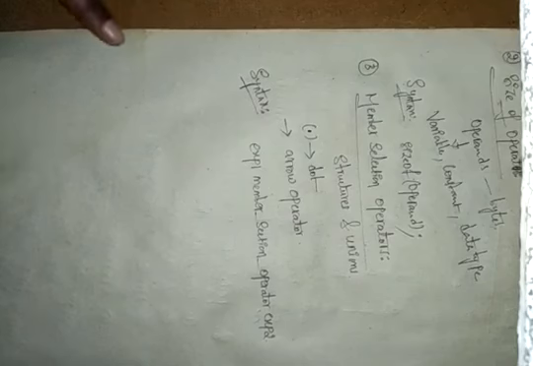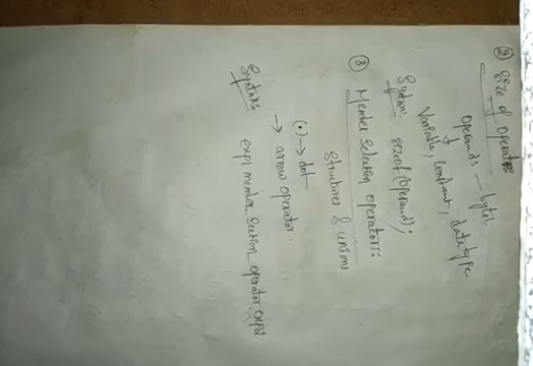These are our operators in total. What operators do we have? We have 8 types of operators: arithmetic operator, relational operator, logical operator, assignment operator, increment and decrement operator, conditional operator, bitwise operator, and special operators.